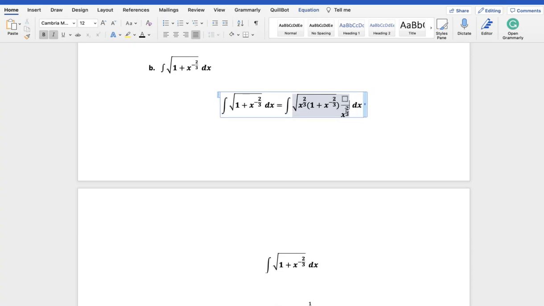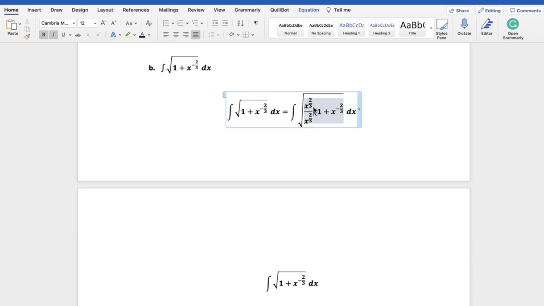Oh, sorry, just not sure why it's doing that. Oh, let me just. So this is what you have. You guys agree that these two equations are equivalent, right?